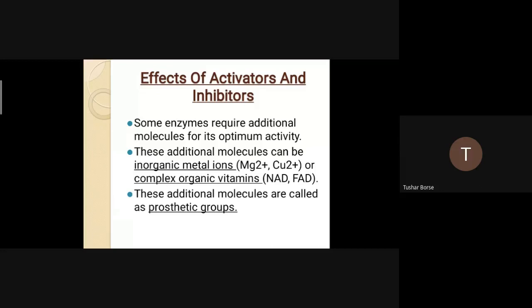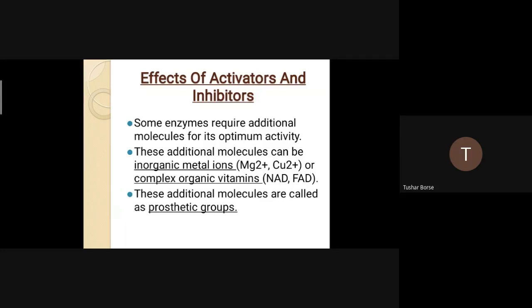The next factor is activators and inhibitors. Let us first discuss activators. The addition of activators will enhance the activity of enzyme. When the prosthetic group we add in the medium is an inorganic metal, it is a cofactor, and when it is an organic vitamin, it is called a coenzyme.